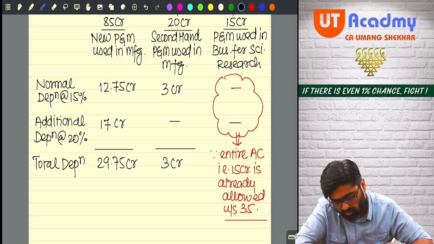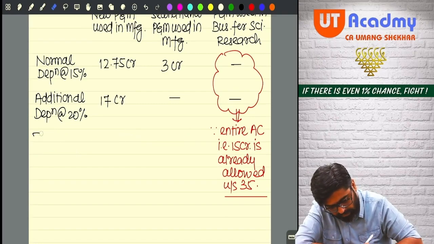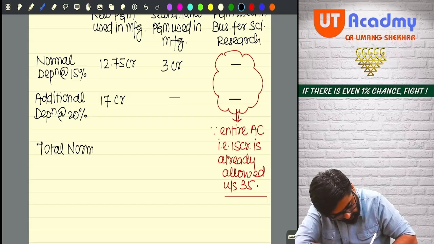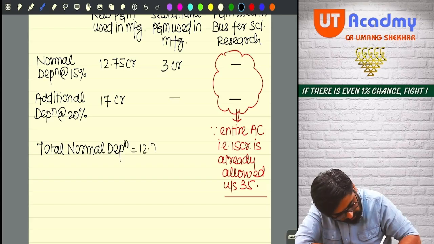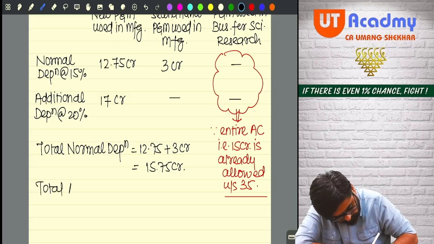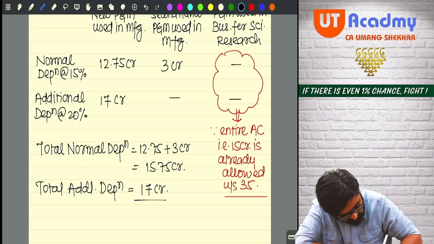Or what I can do, instead of totaling here, wait, don't do it. Instead of totaling here, I will do total normal depreciation, which will be 12.75 plus 3 CR, that is 15.75 CR, and total additional depreciation will be only 17 CR. These two amounts.